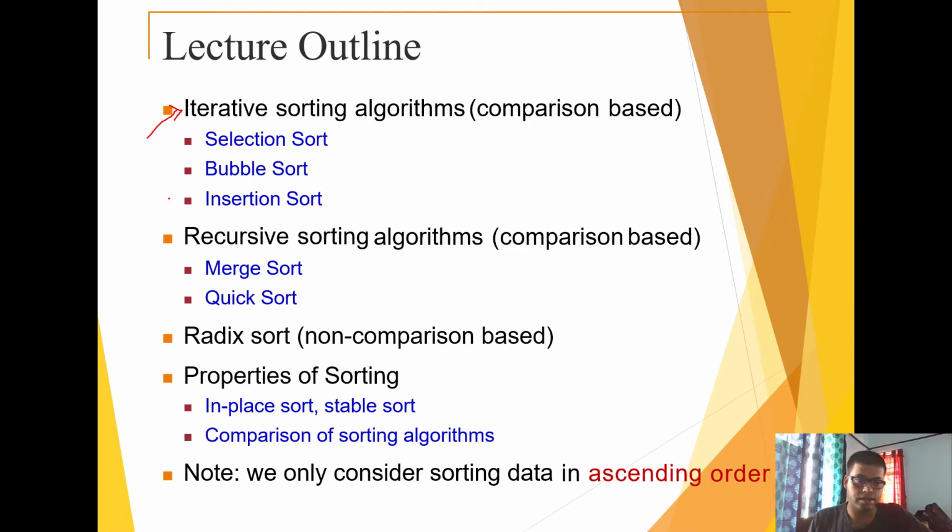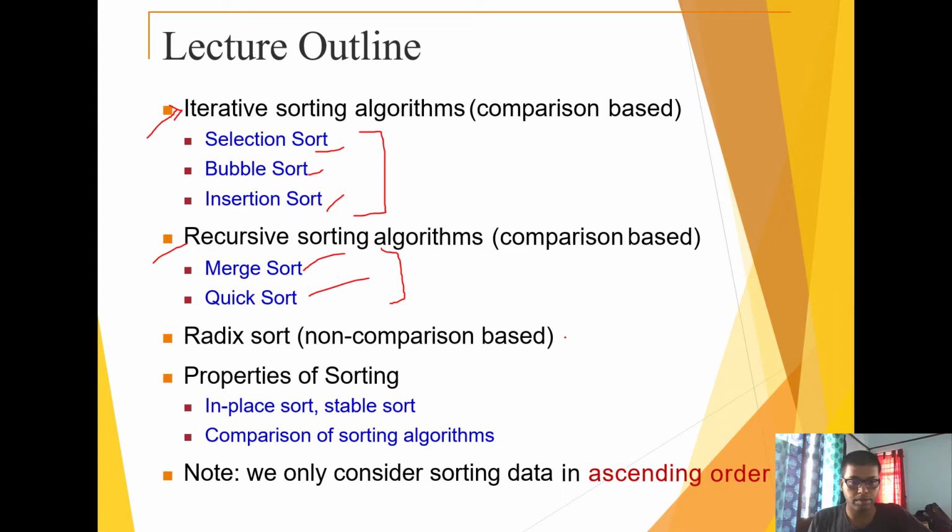Based on iterations, we do sorting; those are named selection sort, bubble sort, and insertion sort. These three will be discussed in this lecture. The next one is the recursive sorting algorithms, which are of two types, merge sort and quick sort. This will be discussed in the next lecture.